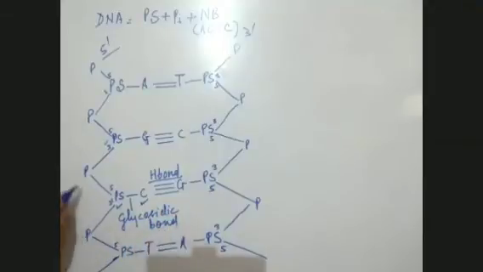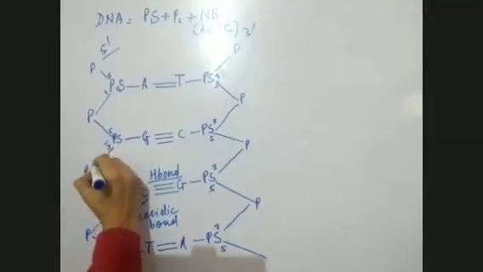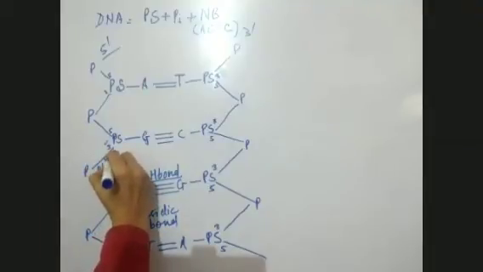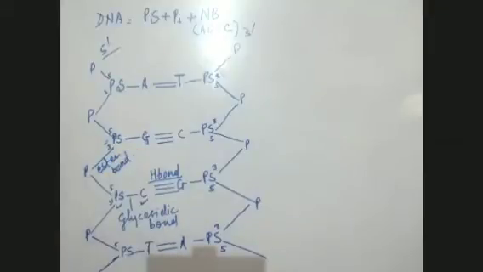And the bond which is present between phosphorus and pentose sugar is ester bond. So three types of bonds are present: hydrogen bond between the two nitrogenous bases, glycosidic bond between the nitrogenous bases and pentose sugar, and ester bond between phosphorus and pentose sugar.